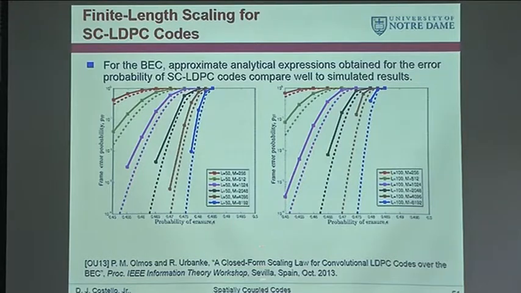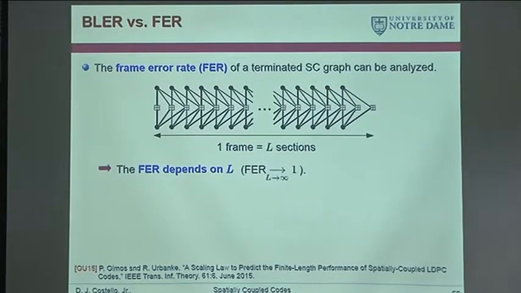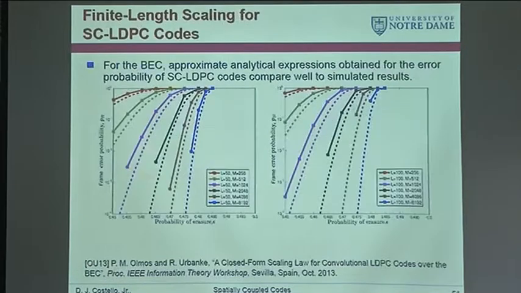Now, they were able to do the same thing for the convolutional or spatially coupled versions, looking at the terminated frame as a big block. And they get results. I can't remember, I think the solid curves are simulations and the dotted must be the analysis, because the solid ones don't go down as far. But you can see that they're pretty good.